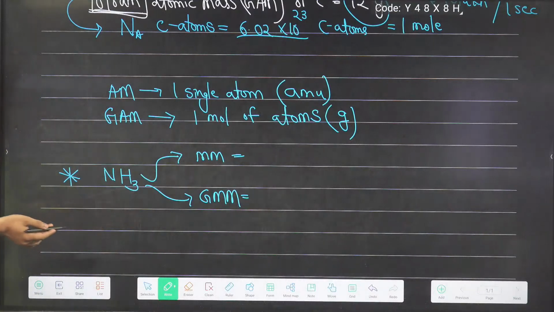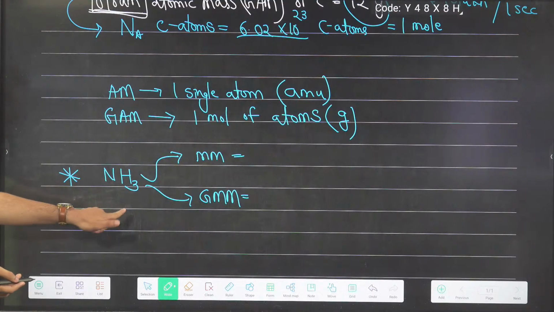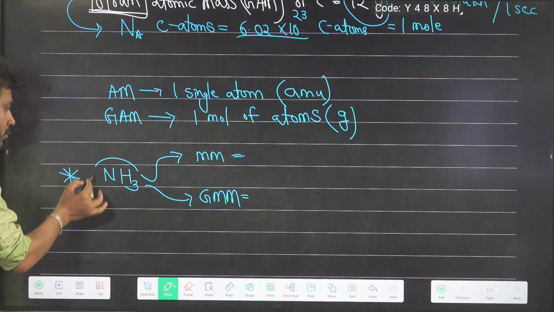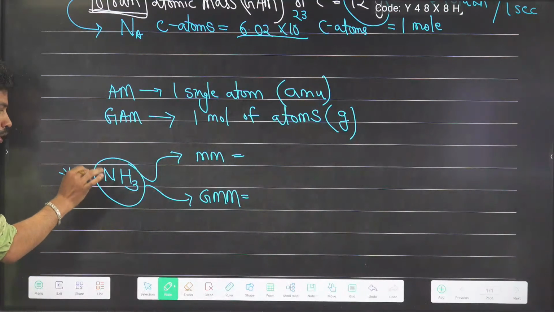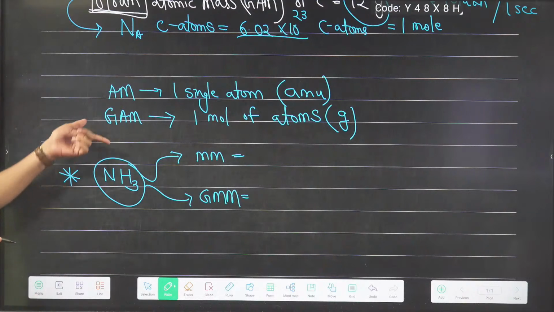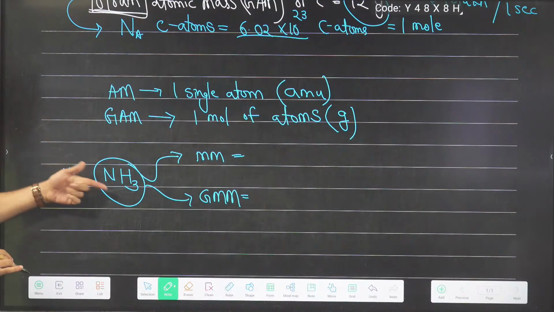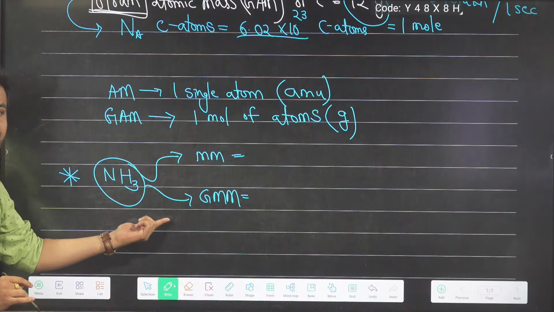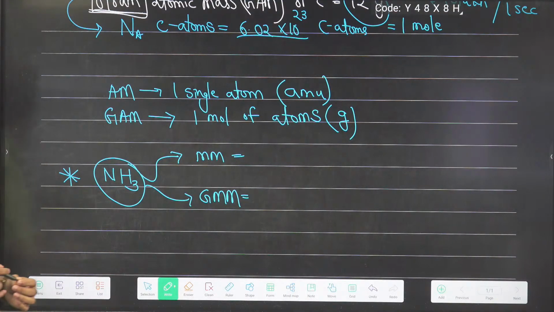Here we will not get atomic mass, by the way, because NH3, ammonia, is a molecule made up of nitrogen and hydrogen atoms. It is a combination of atoms. Atom has atomic mass, molecule has molecular mass. Now we have molecular mass, gram molecular mass. Tell me what is the value?